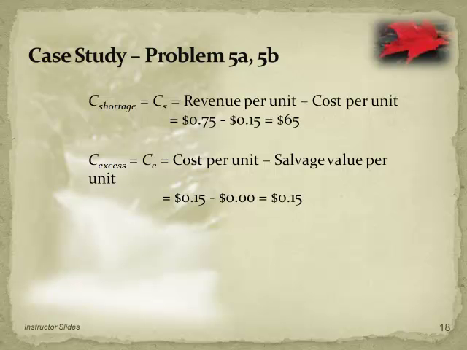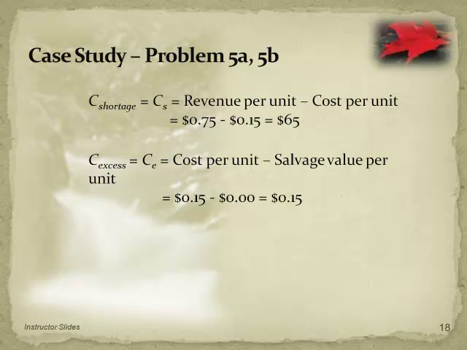So we sell it for 75 cents and it costs us 15 cents, so we have a shortage cost of 65 cents. So what that means is that if we ran out of papers and we had someone who wants to buy one, essentially our loss would be 0.65. Not $65, that's a mistake on this slide. It should be 65 cents.